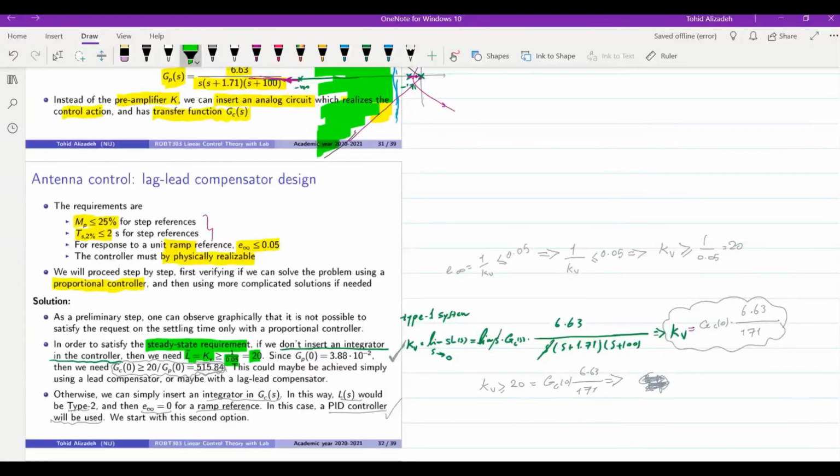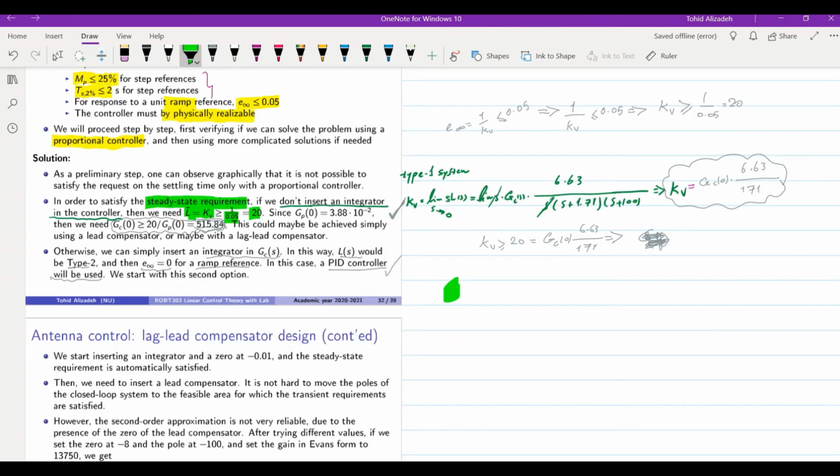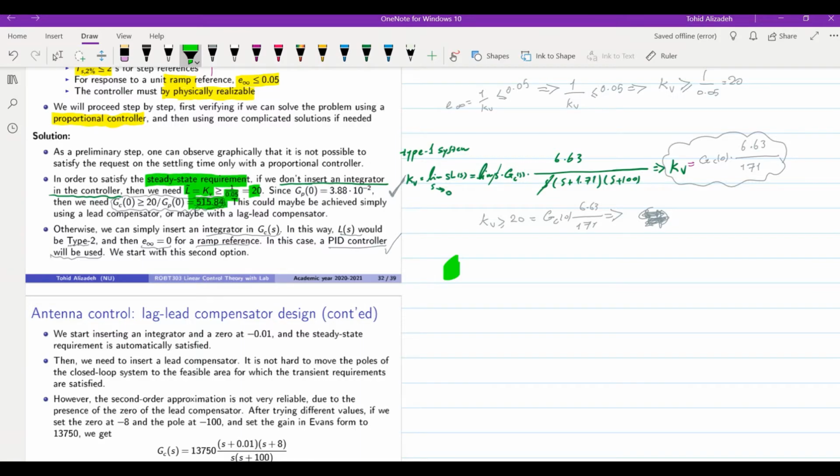Okay, so we will introduce a pole at the origin. Sorry. So our GC of s will have a pole at the origin, or it will have an integrator, and for the zero we will place it close to the origin at minus 0.01.